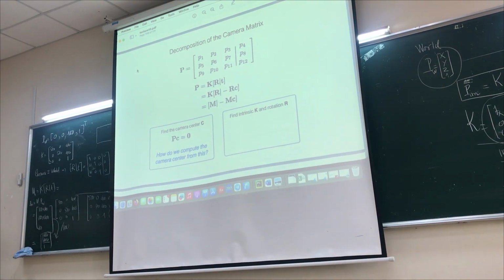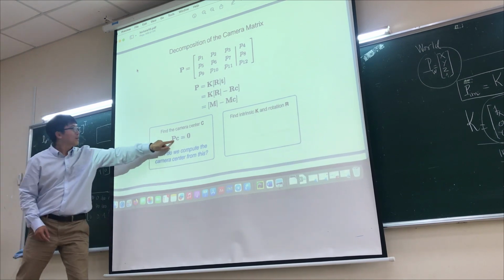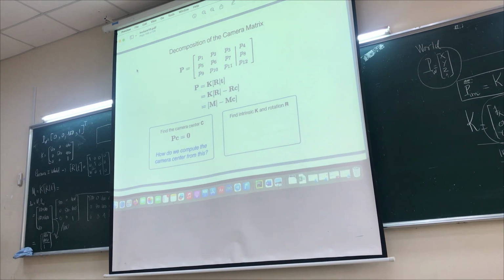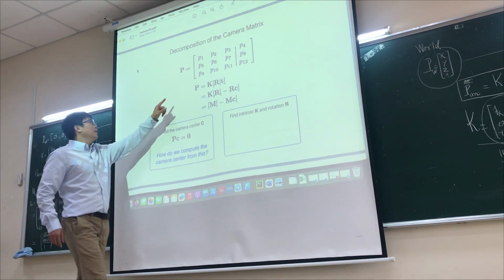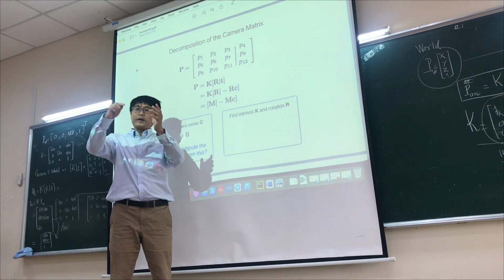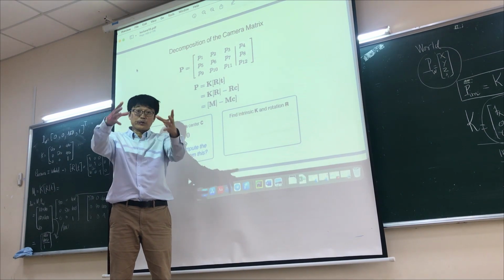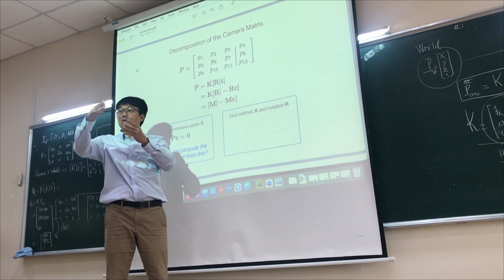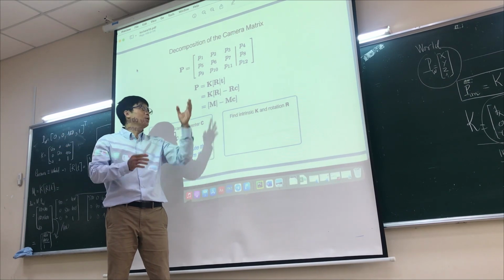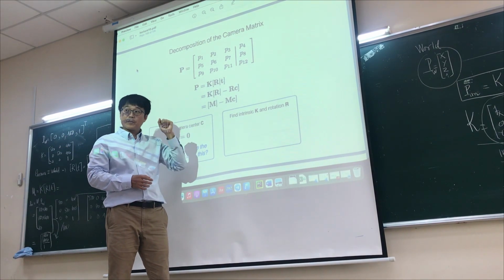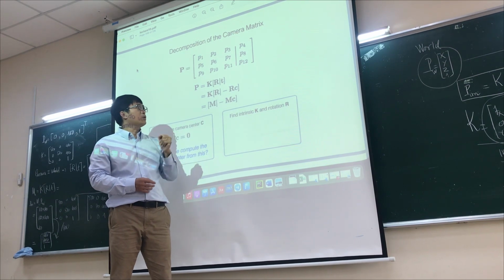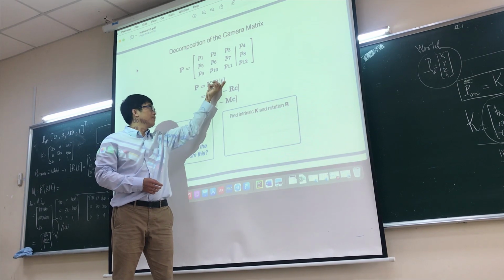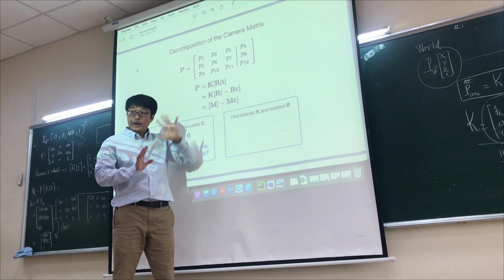Can you imagine how I get it? P is this matrix. From the SVD of the system you get P, because you get p1, p2, up to p12, arranged as a 3 by 4 matrix. But given the matrix, what is the internal or intrinsic parameter? What is the intrinsic? Now we solve.